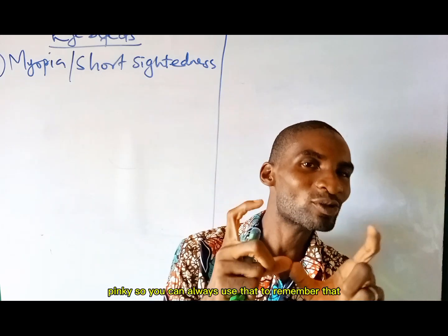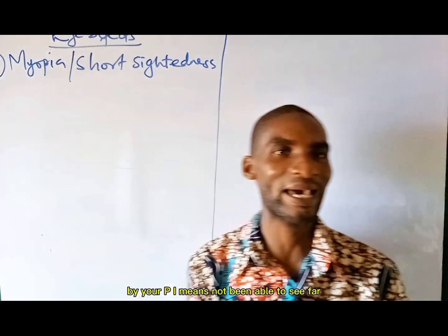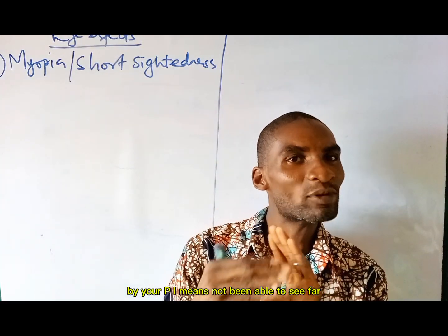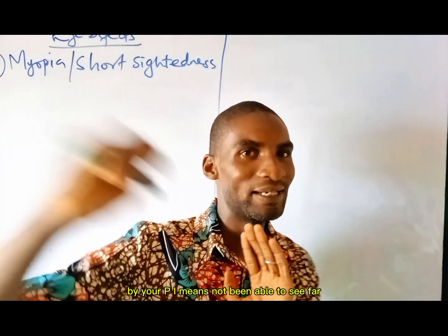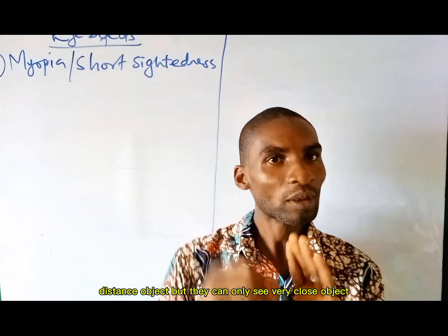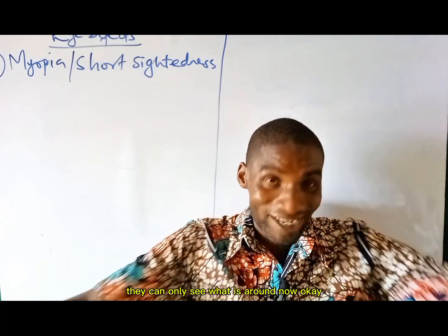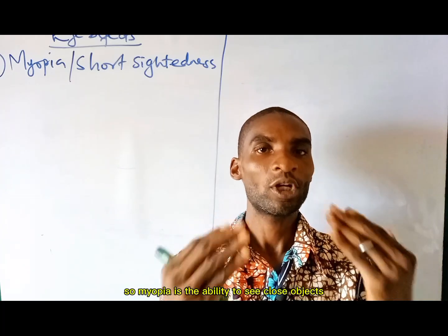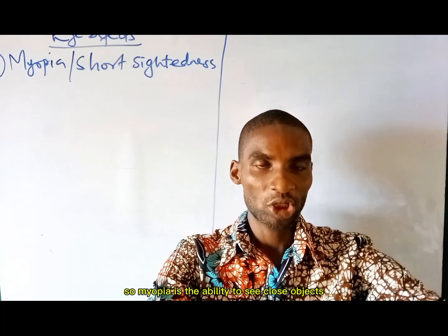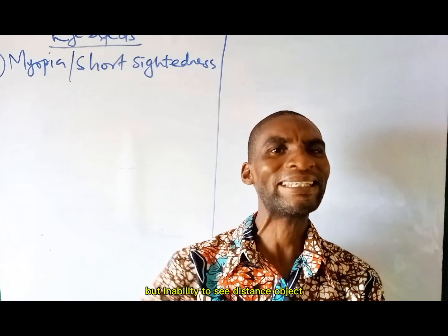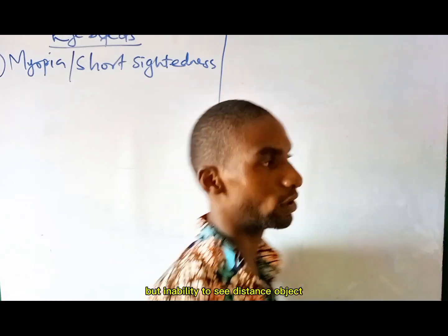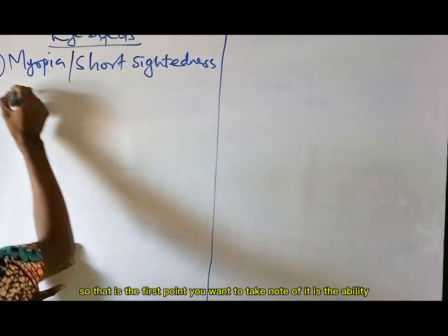So you can always use that to remember that myopia means not being able to see far distant objects. But they can only see very close objects. They can only see what is around now. Okay? So myopia is the ability to see close objects, but inability to see distant objects. So that is the first point you want to take note of.